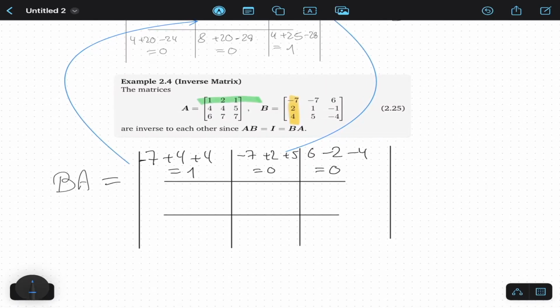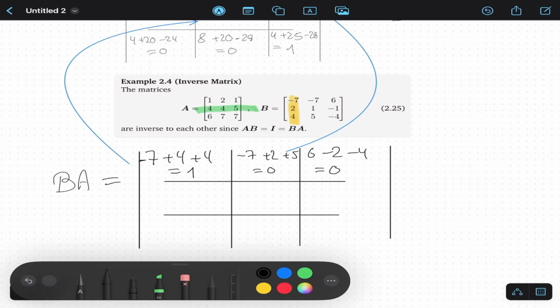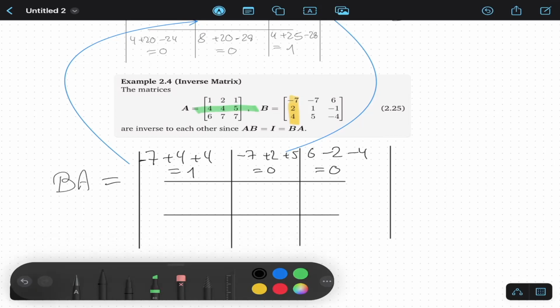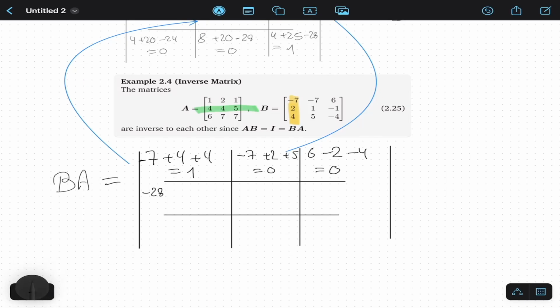Now we have to move green 1 down, goes to the middle. And then we have minus, what is it, 28. Then plus 8. Plus 20 is 0. Then yellow goes to the right. Then we have minus 28.